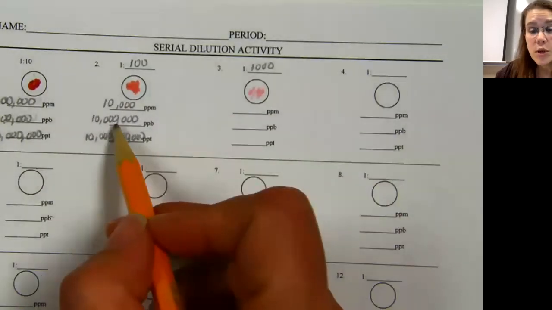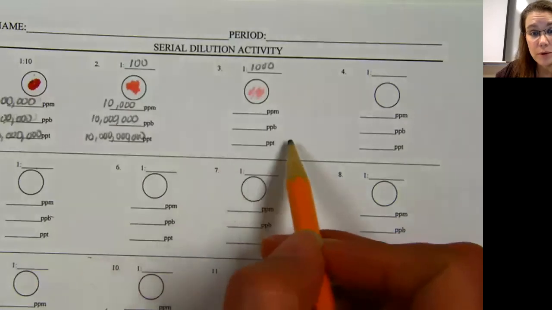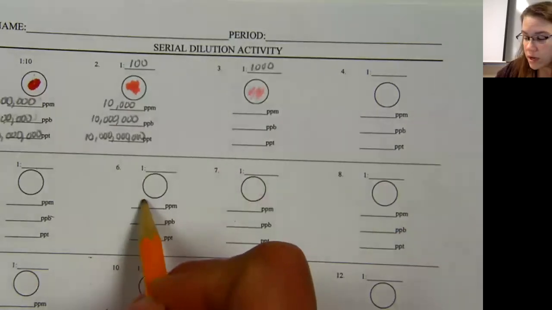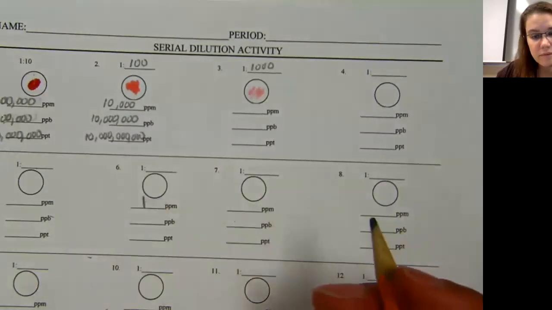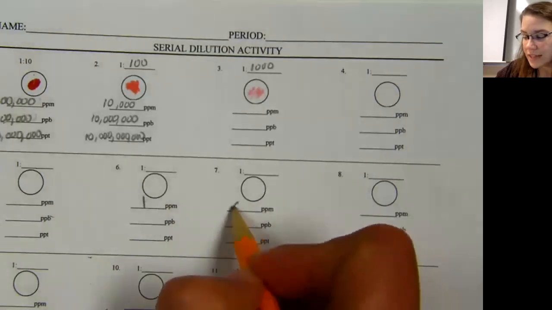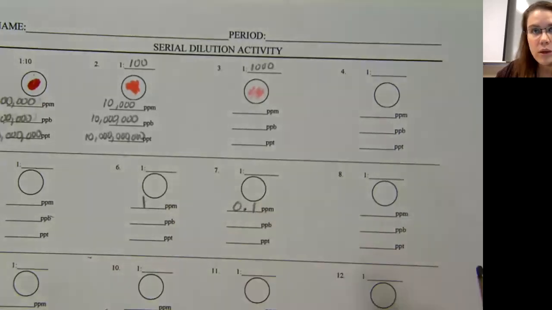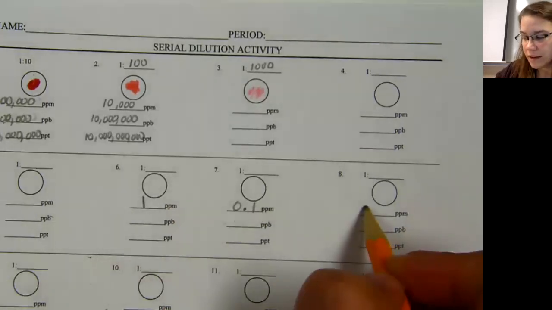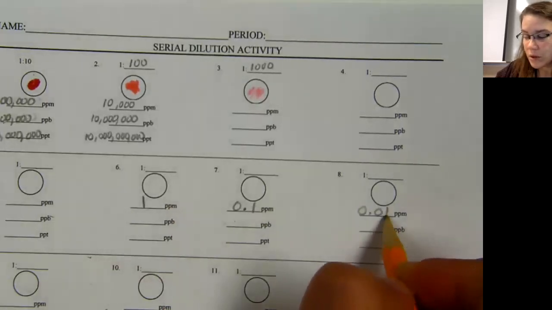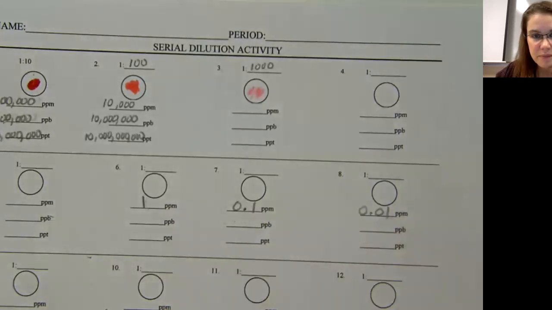This trend also continues throughout the whole paper. Here, you'll get to 1 part per million. The next one after that is going to be 0.1 part per million. Can you guess what comes after that? 0.01 parts per million. Fill in all the numbers of this worksheet and then answer questions 1 through 9.